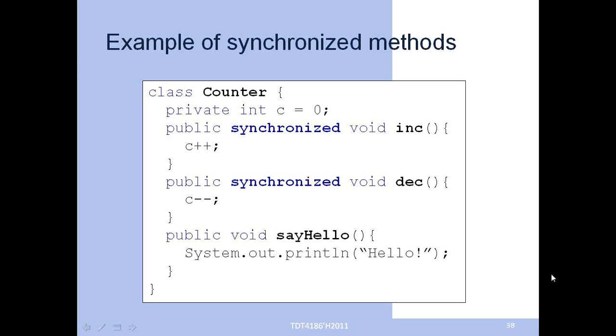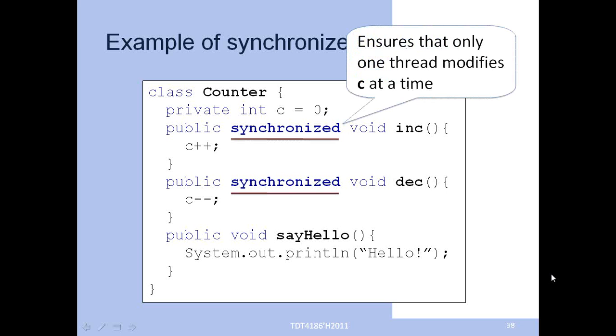Because here they are considering C to be part of critical data. Yes, so there has to be consistency with the value of C, whereas this is just a print statement, hello, which in this case is not considered critical data. That's right.